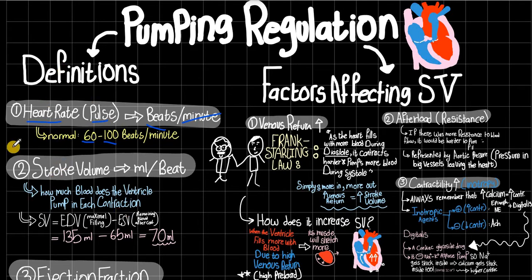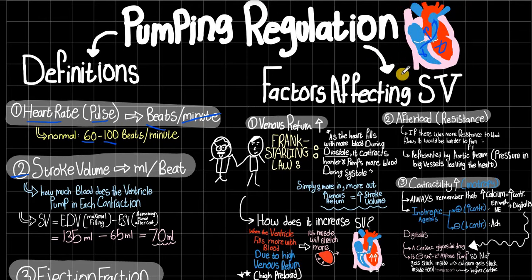The second definition is known as the stroke volume, and the stroke volume is simply how much blood is ejected by the ventricle when it contracts. So when the ventricle contracts, if it was the right ventricle, the blood will go into the pulmonary artery, and if it was the left ventricle, the blood is going to go into the aorta.